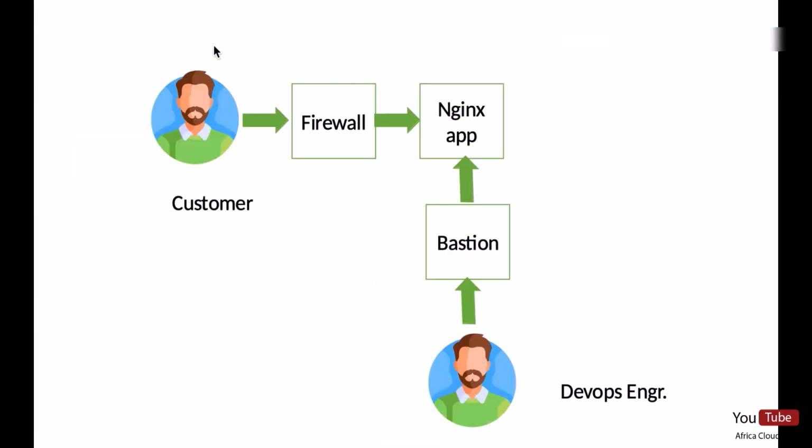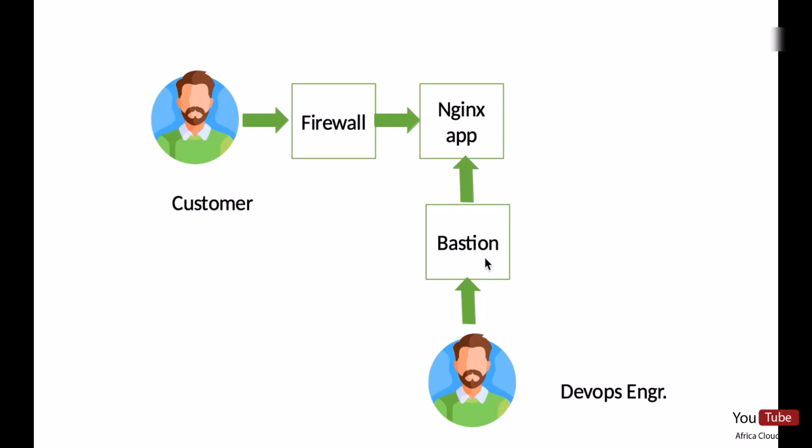Architecture of what we have done so far. So when a customer wants to view the application that we deployed, the customer goes through the firewall to reach it. But maybe a DevOps engineer wants to do some configuration on the server, right?